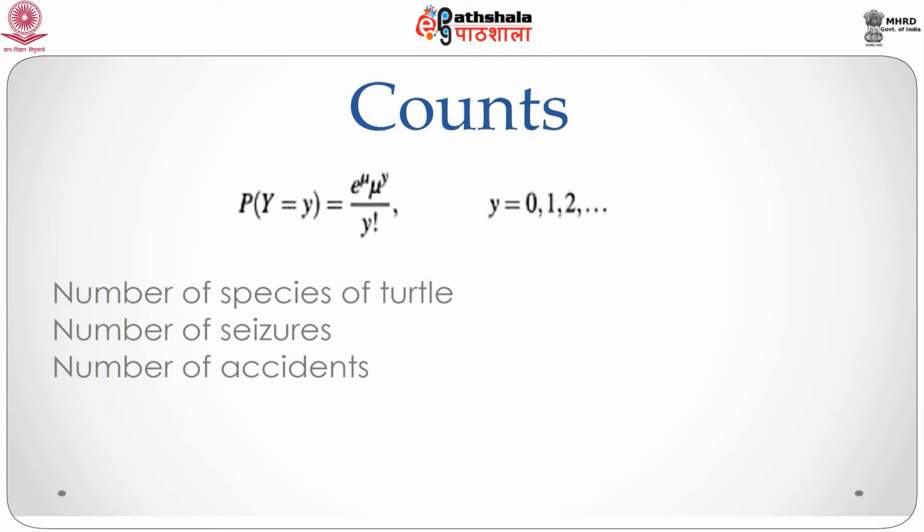There is a Gala data set in R, for example, which looks at the number of species of turtle on the various islands of the Galapagos. It could be the number of seizures which a patient on a particular medicine experiences over time. It could be the number of accidents occurring over a city.